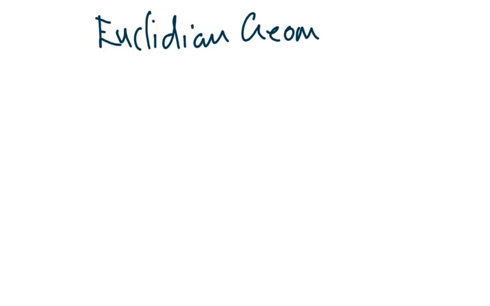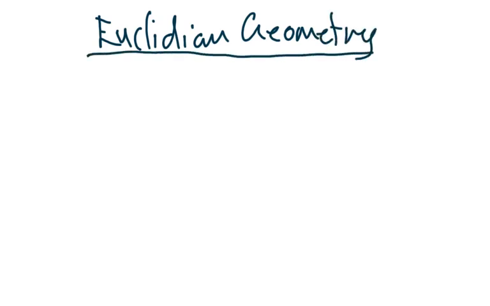Hello. In today's lecture, we continue from where we stopped last time, and we'll continue to look at Euclidean geometry. We're looking at translation, which is essentially a movement, a form of transformation.